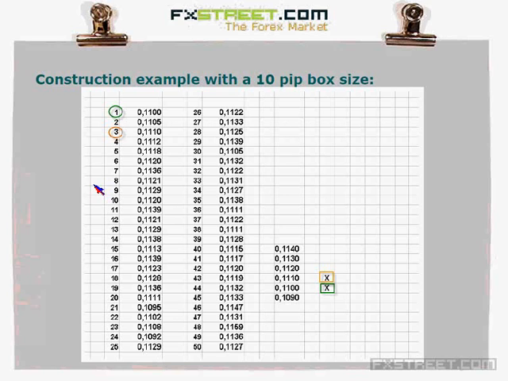Okay, so we move to price number 3, and price number 3 is 1110. So there is an increment of 10 pips in relation to the first box, which is 1100. So that means we take note and we fill the box with an X, the box corresponding to 1110.